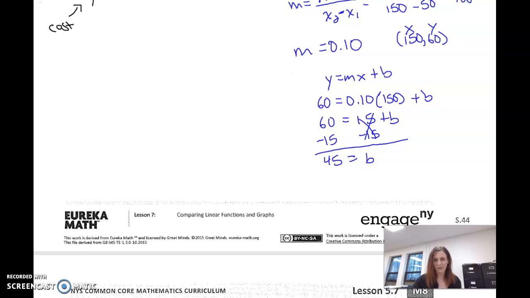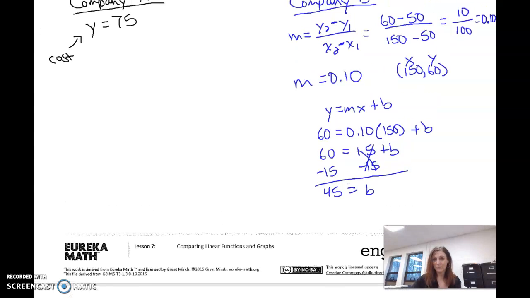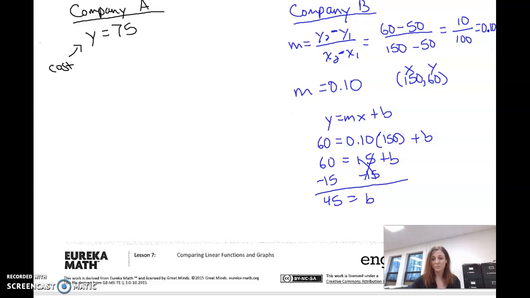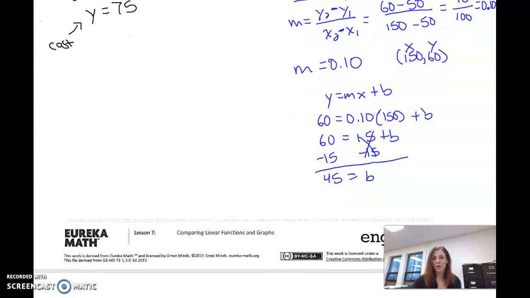So b equals 45. So our equation, after all of this, is y equals our slope, which is 10 cents per minute, 0.10, times our input values, x, plus 45.